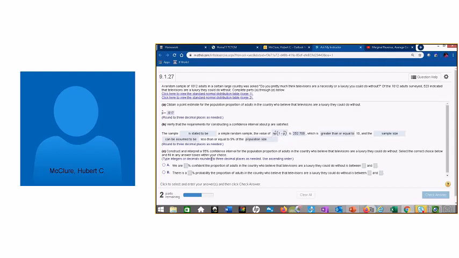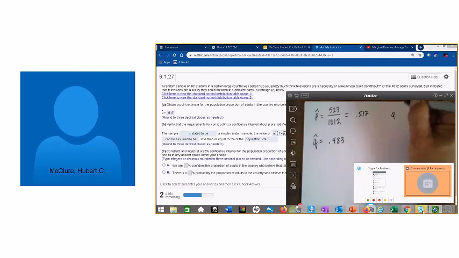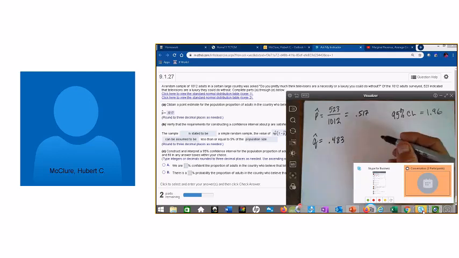Now it says 95% confidence level. 95% confidence level by our handy dandy index card tells us 1.96. Now, I don't know what they're asking for. I can't remember, but I believe they're going to ask you for a confidence interval.